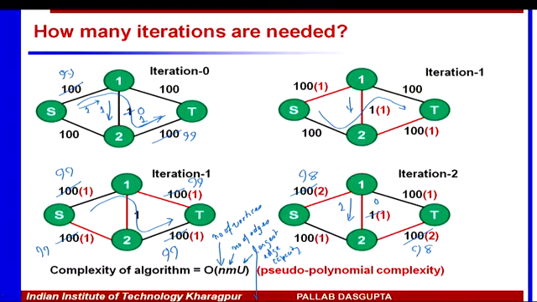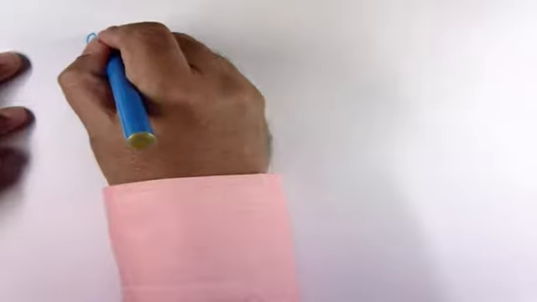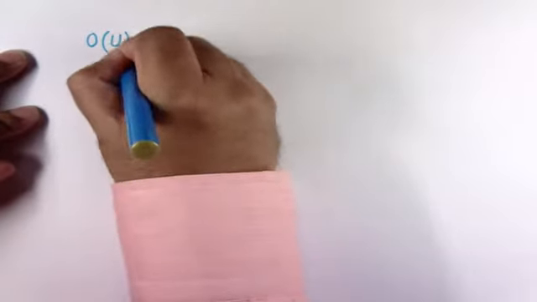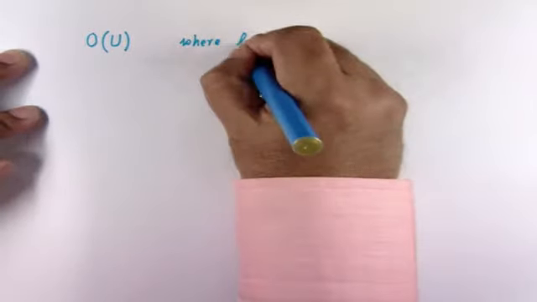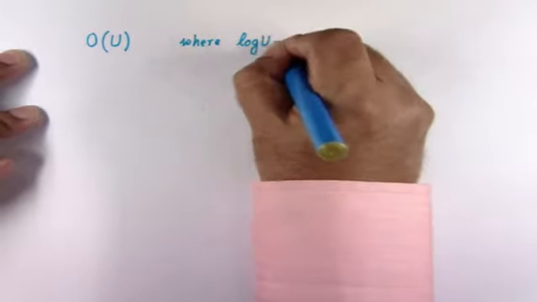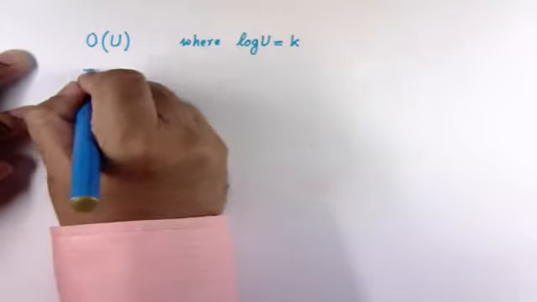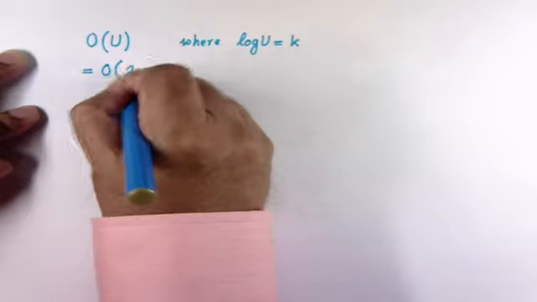Then what does this become? O of n times m times 2 to the power of k, right? If you take a complexity which is order of u, where log of u equal to k, then it is equivalent to saying that this is order of 2 to the power of k.